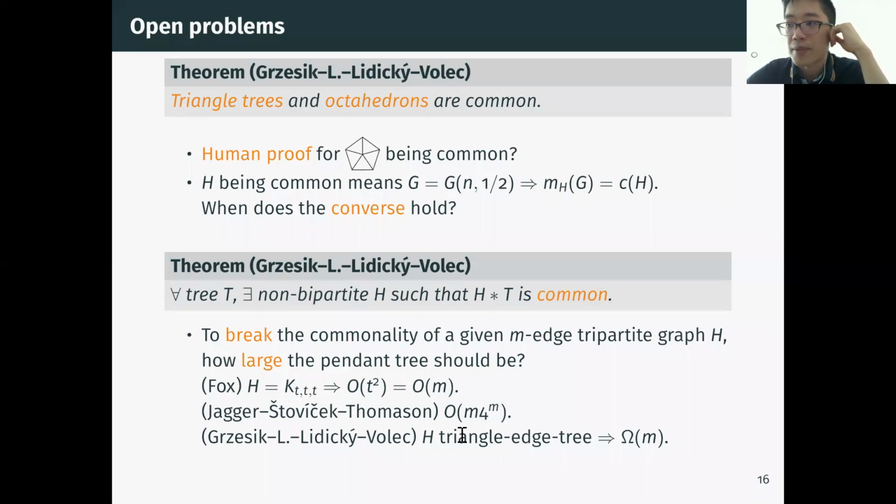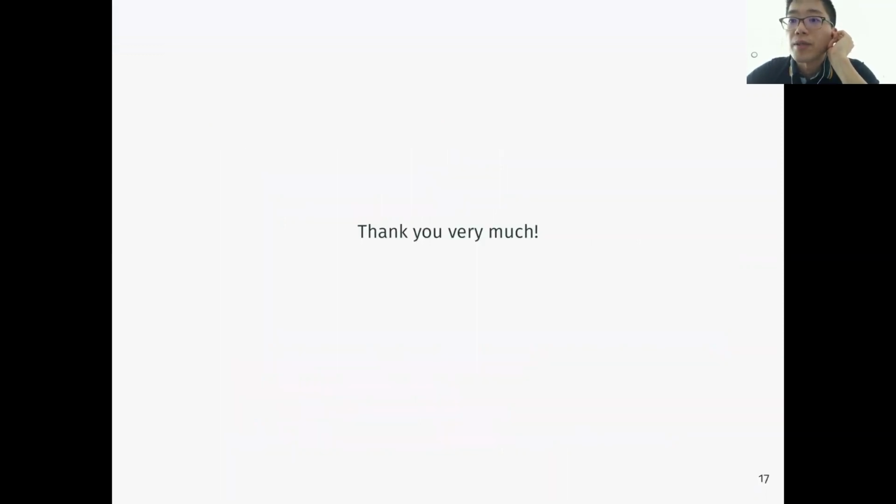And our theorem says if H is a suitable triangle edge tree with many edge intersections, then it basically gives us a lower bound that is linear. Yeah, so there's a huge gap between these two general statements, whereas this result by Jacob says for some particular case, it's enough to have a linear size. Okay, so these are the open questions I would like to mention. And yeah, this is it. Thank you very much.